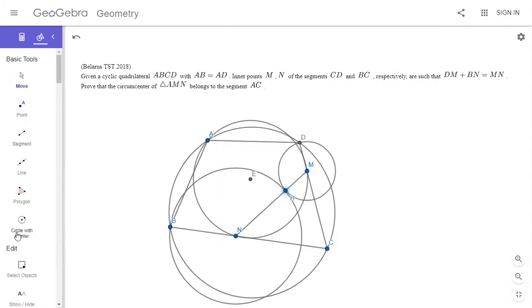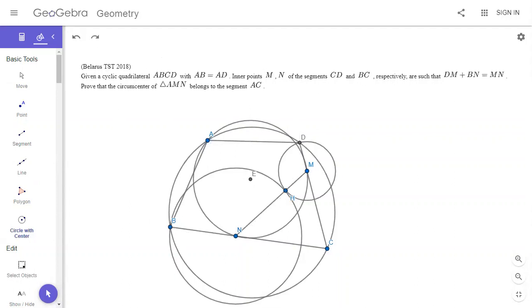Yeah, no. But it looks like AB equals AH at least, and it looks like A is the circumcenter of BDH.